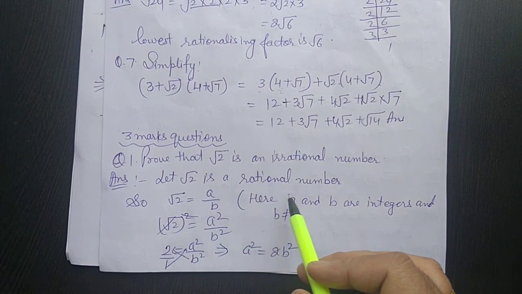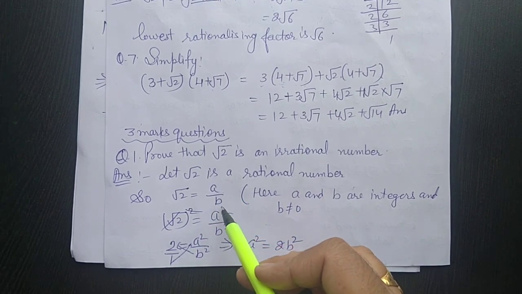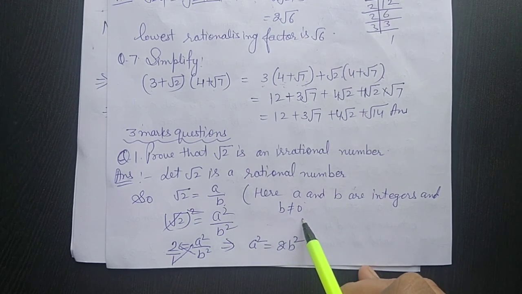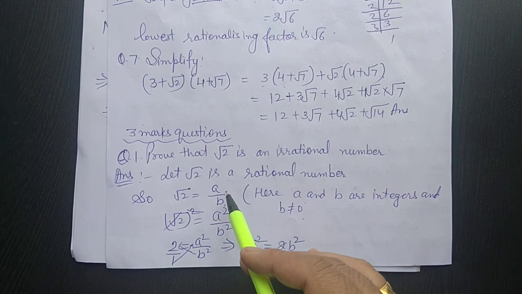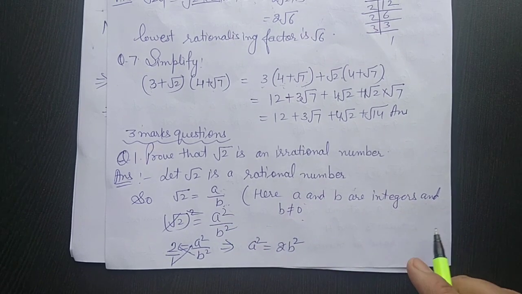Let square root 2 be a rational number. If it is a rational number, then we can write it in a upon b form, where a and b are integers and the denominator is not equal to 0. Also, a and b have no common factor.